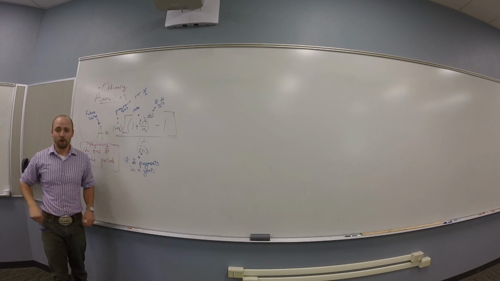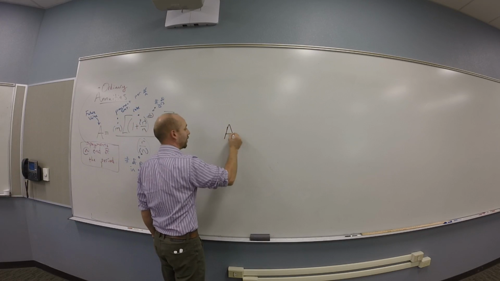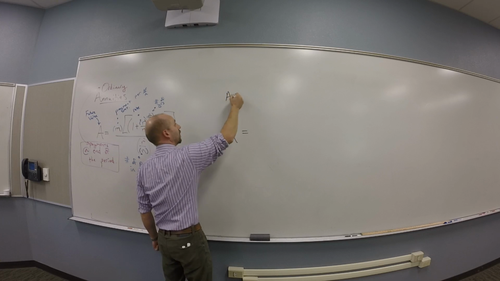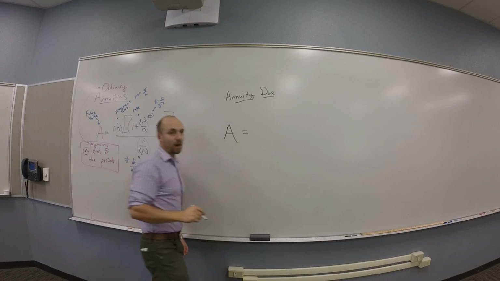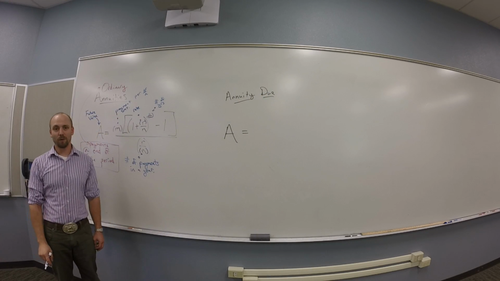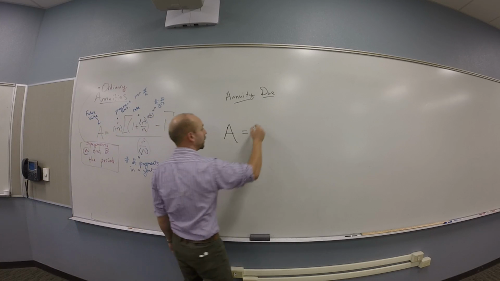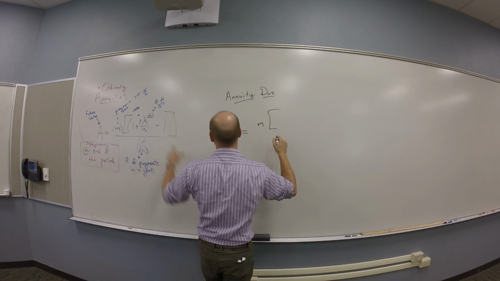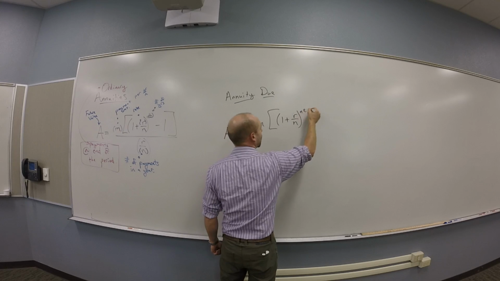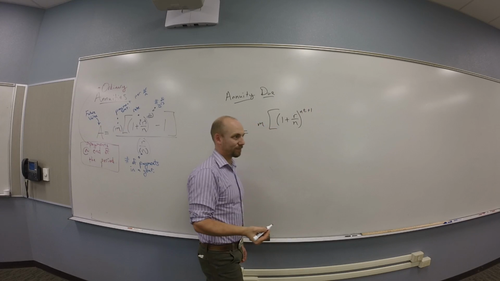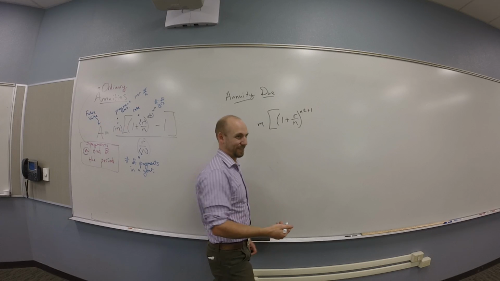I'm going to just throw the other formula up here quick, which is for the annuity due. And it's very, very similar. I'm not going to require that you know the annuity due formula. I just want you to know there is a difference. So the annuity due is the monthly payment times basically the same thing, (1 plus r over n) to the nt, and then we add 1 because we're compounding that payment every time.